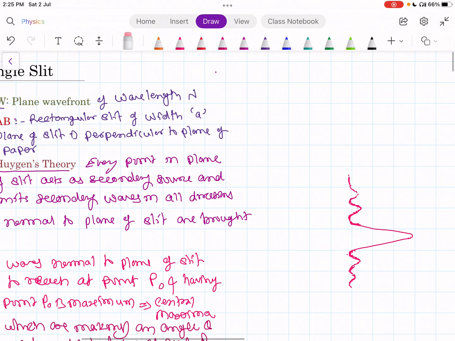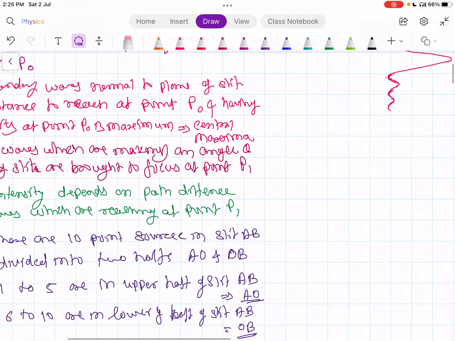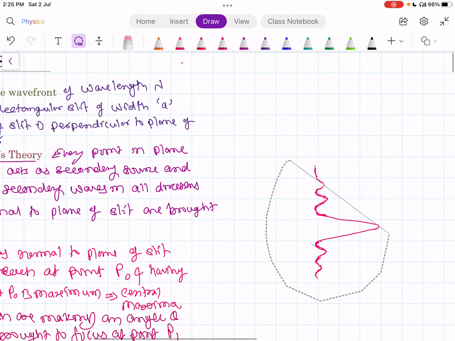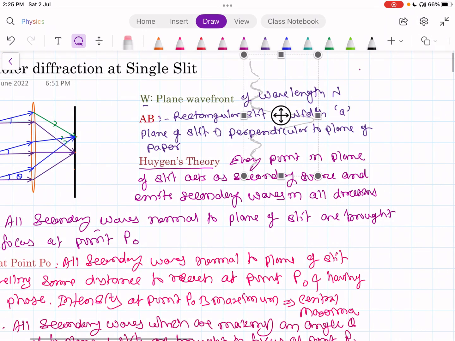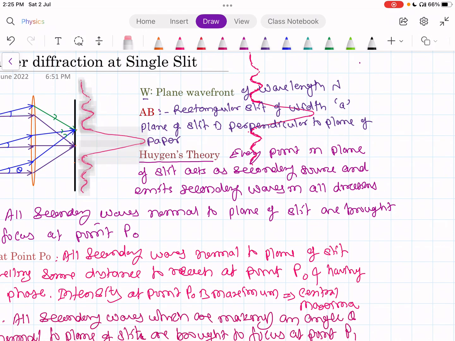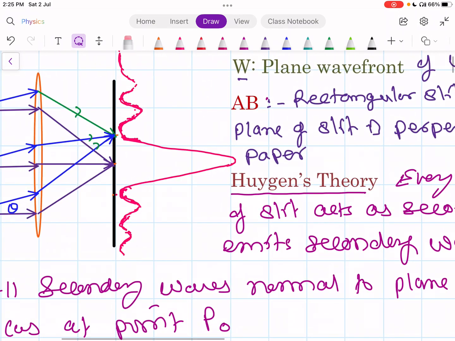For example, on the screen, what we will get is the fringes like this. These are the diffraction fringes. So here we can see that at this point we get the central maxima.